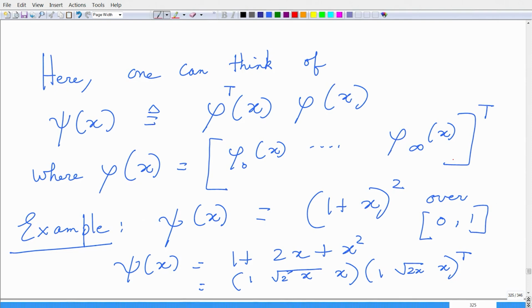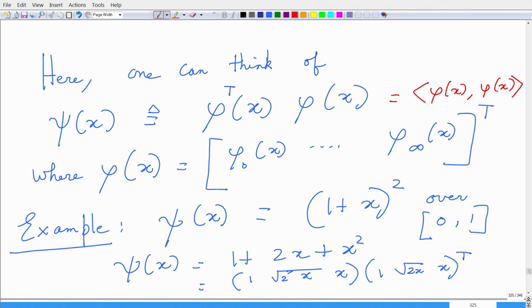Now, taking a vector view of this problem, this psi of x, which is a scalar function, can be thought of as an inner product of two functions phi of x.